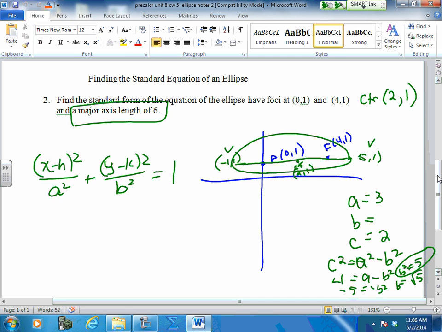Your center, (2, 1). A is 3. What's a squared? 9. B squared is what? 5. B squared is 5.